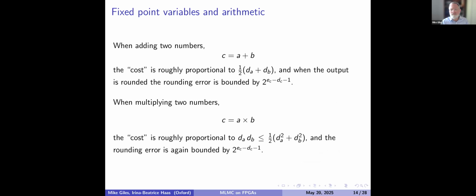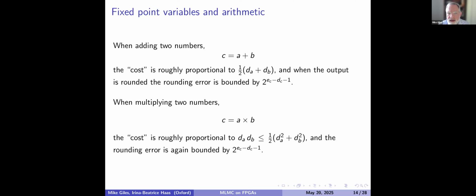Okay. So roughly speaking, if you're adding together two numbers, then the cost is roughly proportional to the sum or the average of the number of bits being used to represent each of them.